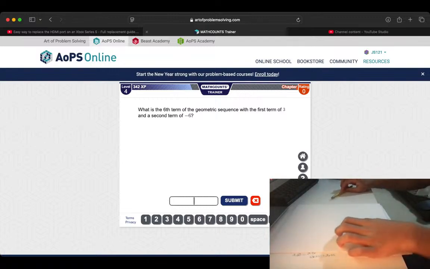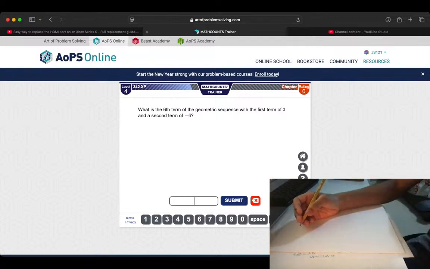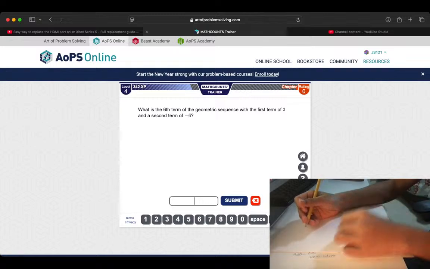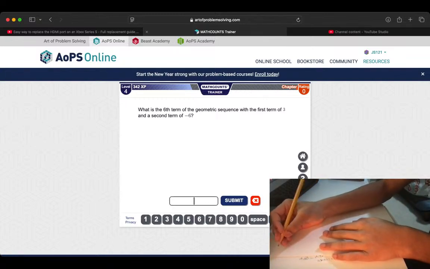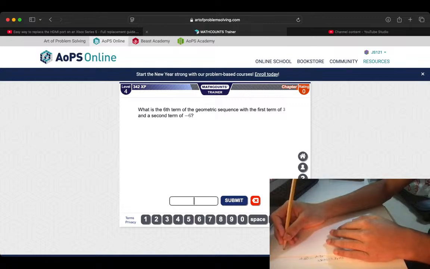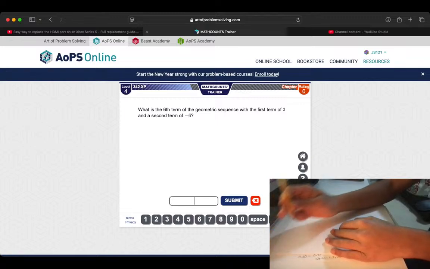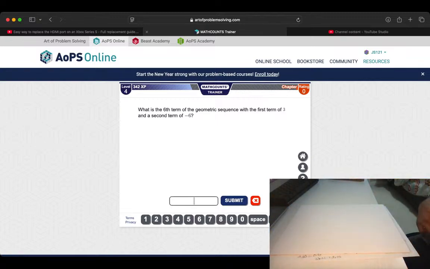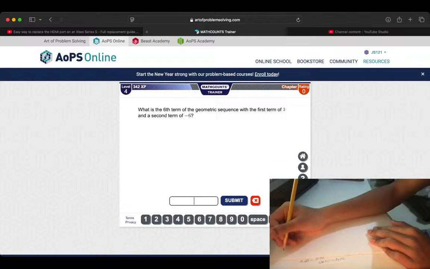Sixth term of the geometric sequence, where the first term is 3 and the second term is 6. So the equation is going to be negative 8 to the x, right?